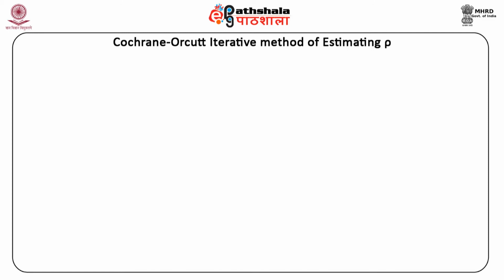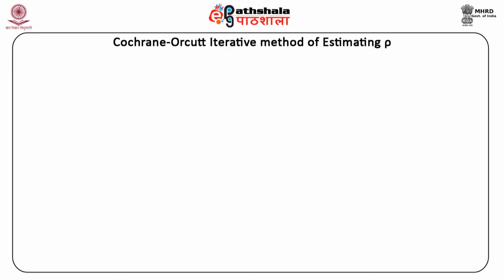Cochrane-Orcutt iterative method of estimating rho. The iterative method entails starting with an initial value of rho hat and finding the value of rho hat through successive approximations.